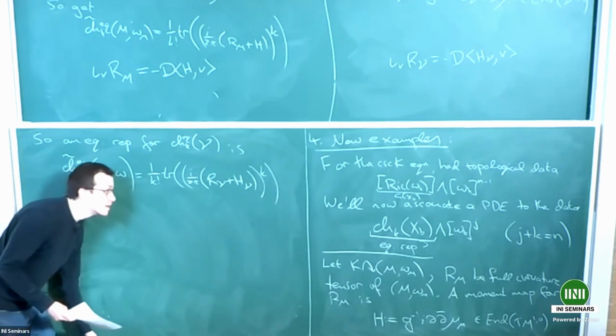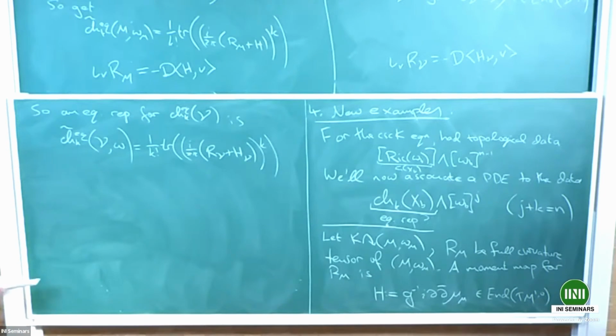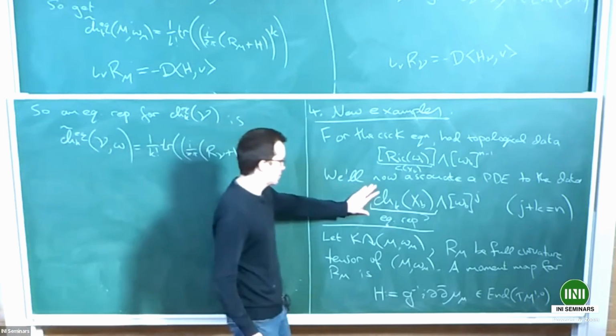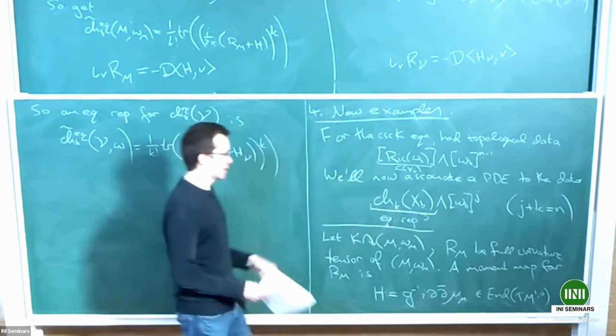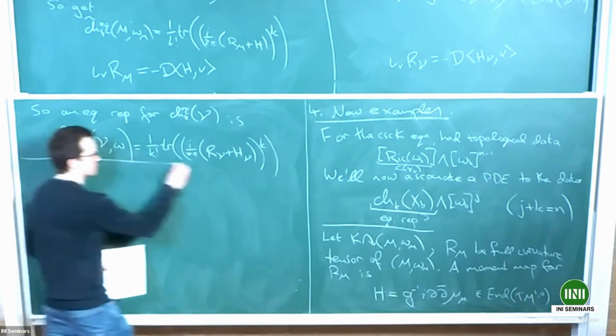Okay, so now I've got my equivariant form and I can generate examples using this topological data that I wrote down earlier. So let's do that.